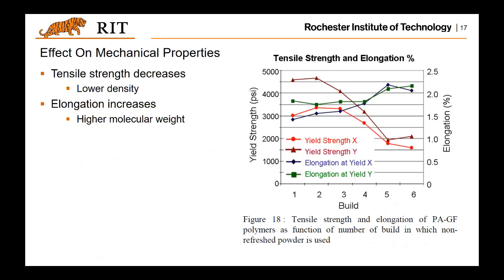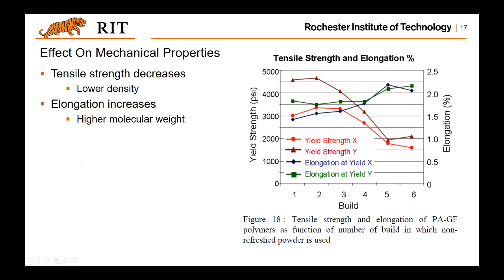And what is the effect on the mechanical properties? Basically, the tensile strength will decrease, because the density of the material becomes lower. On the other hand, the elongation of the material increases, because of the high molecular weight.